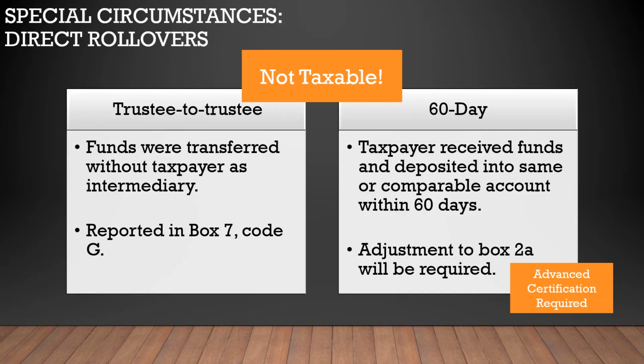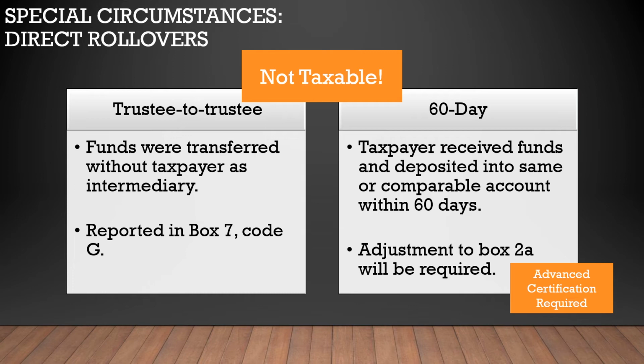As we talked about a little bit before, there are direct rollovers where somebody would have taken money out of one tax-favored account and moved it into another tax-favored account.